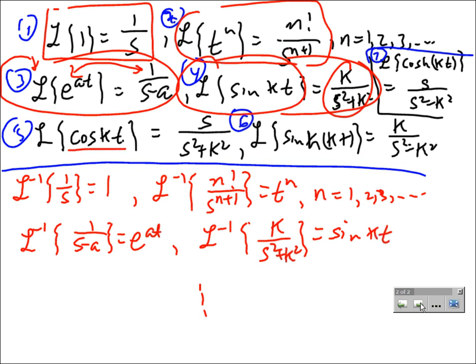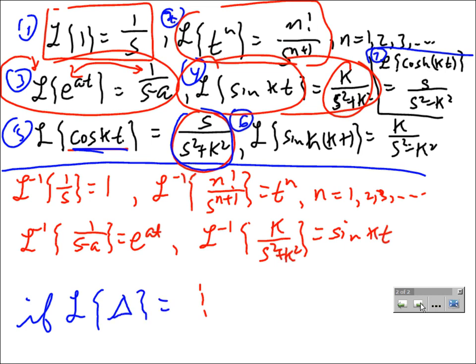If L of this equals that, then L inverse of that equals this. If L of something is equal to something else, then L inverse of the something else equals, in this case, the triangle.